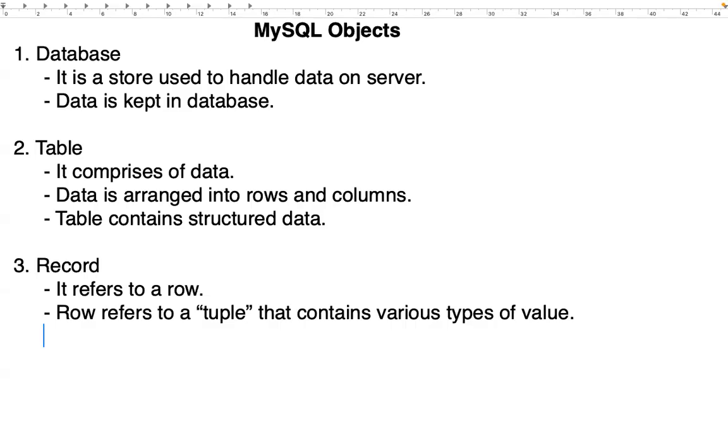But in JavaScript, an array is officially a tuple, meaning it contains various types of data. If a collection of various types of data is present, then we call it a tuple, right? So a row refers to a tuple. It contains various types of data.